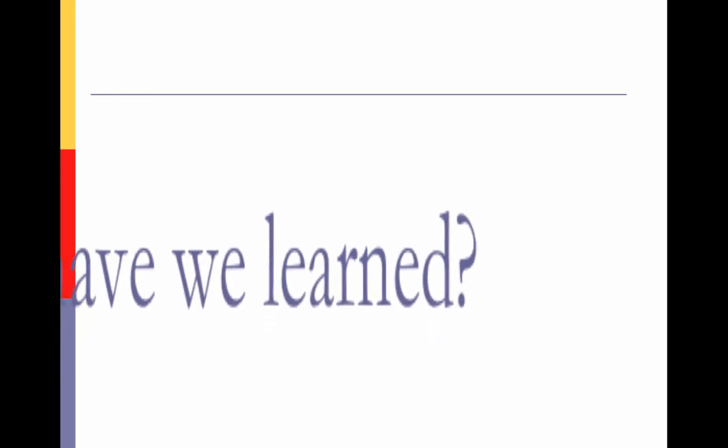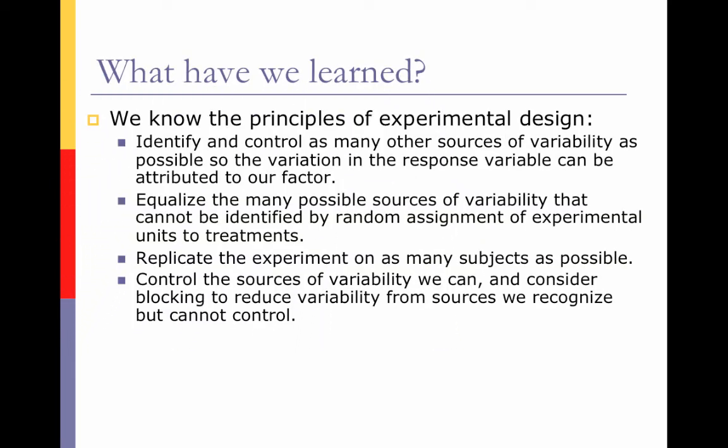So let's look at what we have learned. We know the principles of experimental design, so we know we need to identify and control as many sources of variability as possible, so the variation in the response variable can be attributed to our factor. We know we need to equalize as many possible sources of variability that cannot be identified, and we do this by random assignment of experimental units to the treatments.